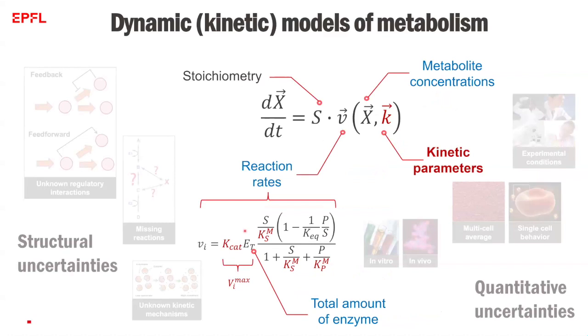And another problem is that different labs measure the same parameter differently. We have observed in some cases, when you check values from Brenda, that the difference in parameters is 2 or 3 orders of magnitude, which, at least from our point of view, is not very useful information, because we don't know what to trust.